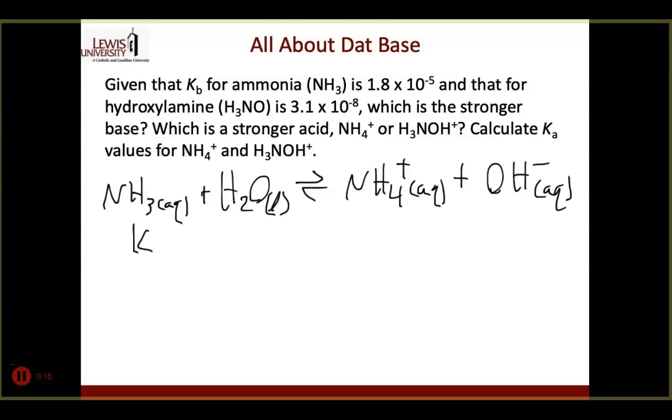And so we can determine the strength by looking at the Kb value. And the Kb value for this is 1.8 times 10 to the minus 5th. Now we're going to compare it with another base, hydroxylamine.